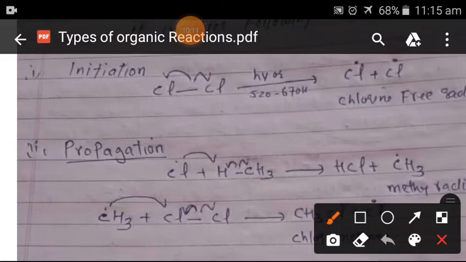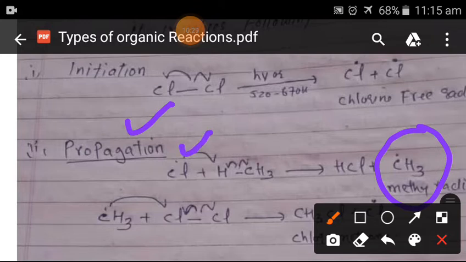This is called a methyl radical. This step of the reaction is called propagation, because the free radical reaction is propagated from one free radical to another. One type of free radical generates another type of free radical.